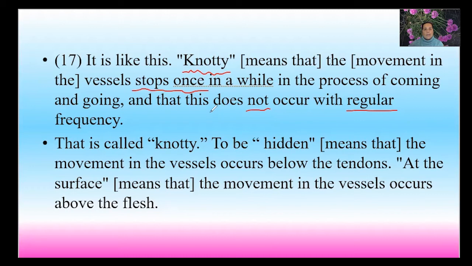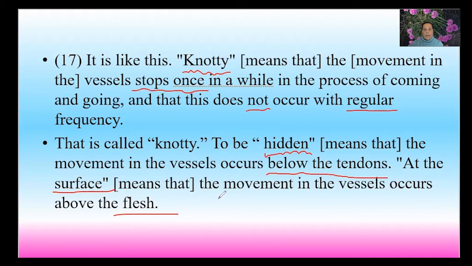So that's the noted pulse. They are not moving smoothly. And hiding pulse means the pulse is flowing pretty deep. How deep is it? Below the tendon. And the superficial pulse moves above the muscle.